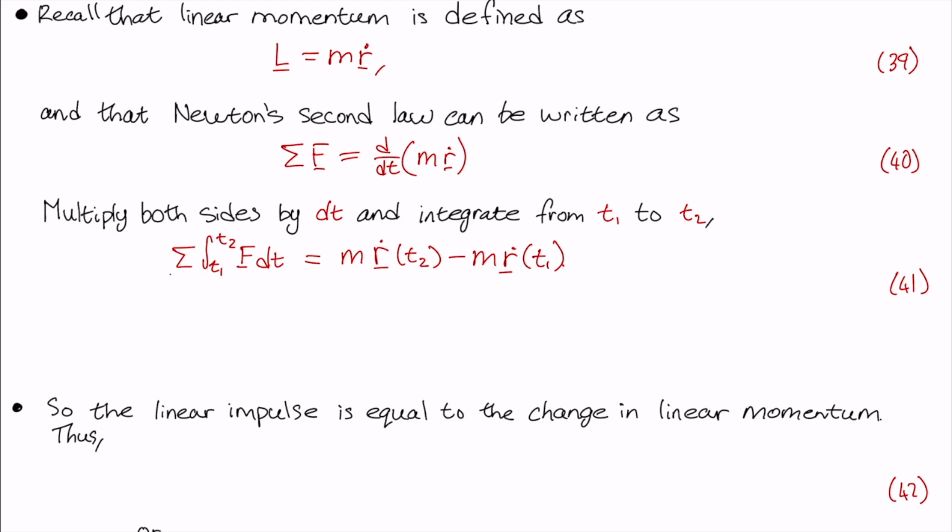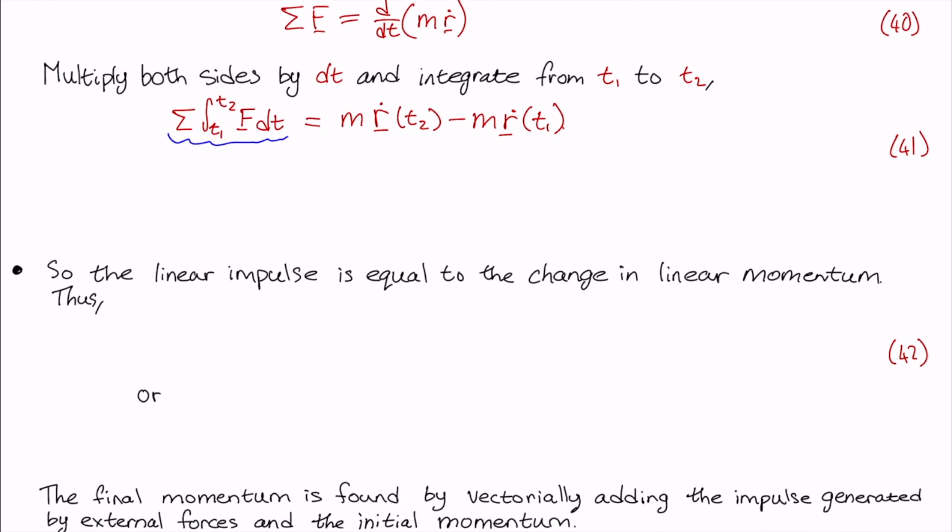And this integral, the left-hand side here, is called the impulse. And we're going to write it as Imp 1 to 2. It has units of Newton-seconds, or force times time, so pound-seconds, pound-minutes, whatever you're considering.